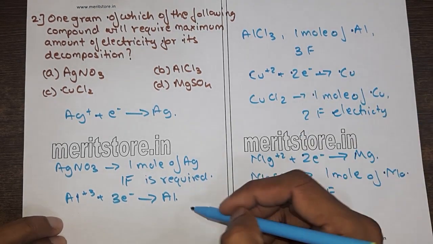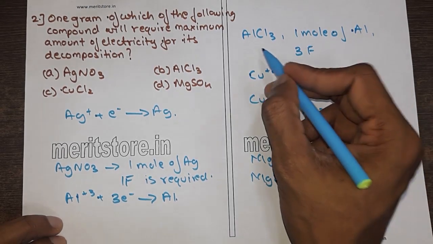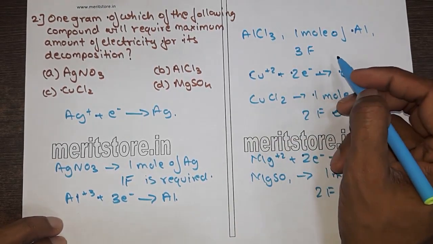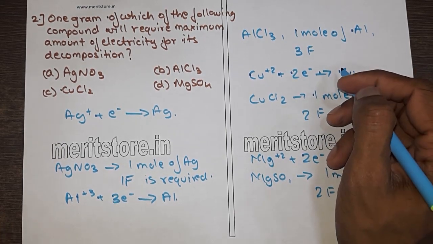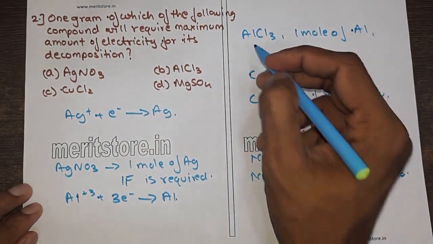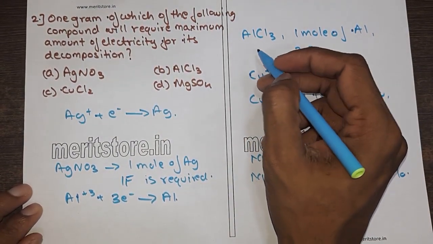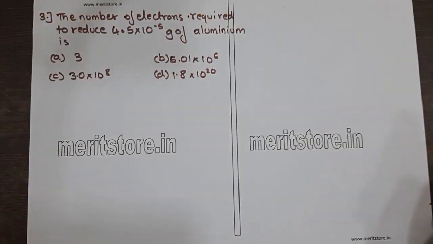So comparing all 4 options, we see that AlCl3 solution will require maximum electricity compared to all 3 options. Therefore AlCl3 is the correct answer, which is option B.